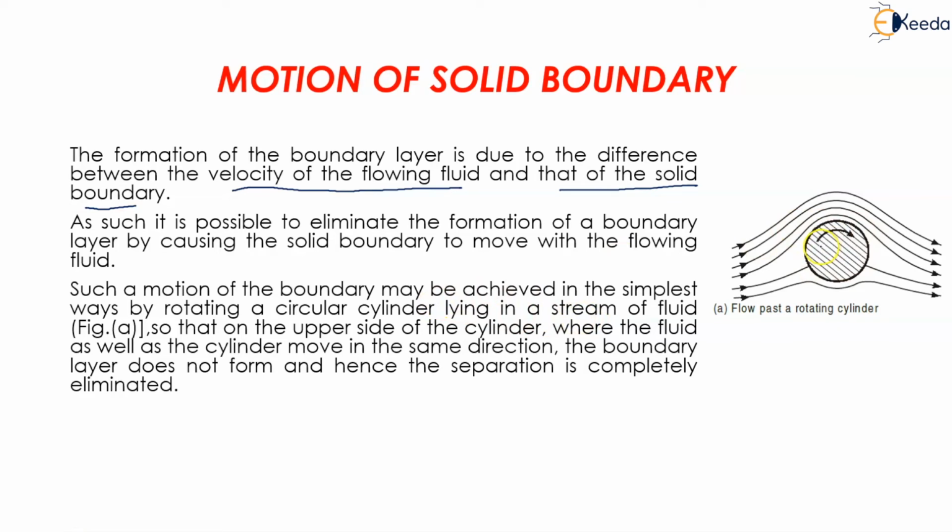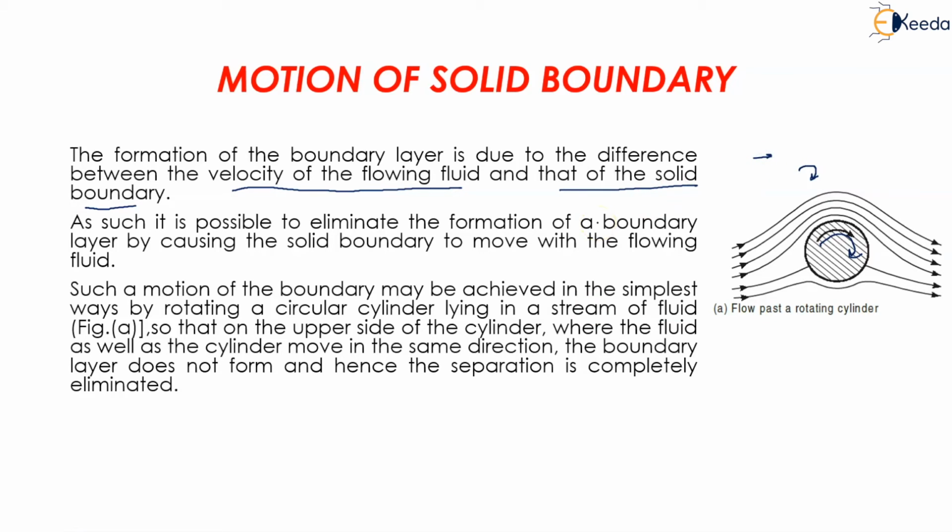Now this is the cylinder and it is rotated in this direction, so that on the upper side of the cylinder, the fluid as well as the cylinder move in the same direction. So again my cylinder is moving this way and the flow is in the same direction.